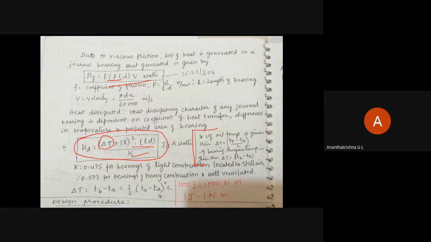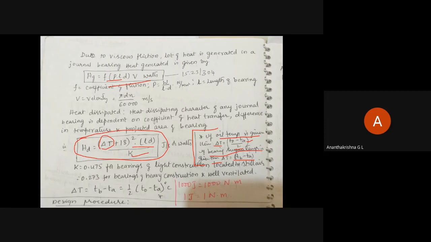If oil temperature is given, delta T will be T naught minus T atmosphere by 2. If bearing surface temperature is given, then delta T will be bearing surface temperature minus atmospheric temperature. So please keep this in mind.